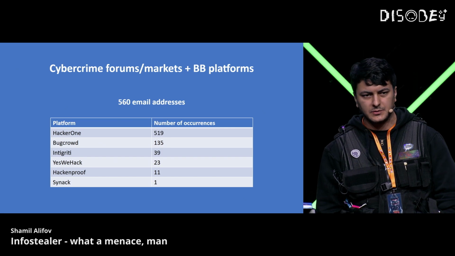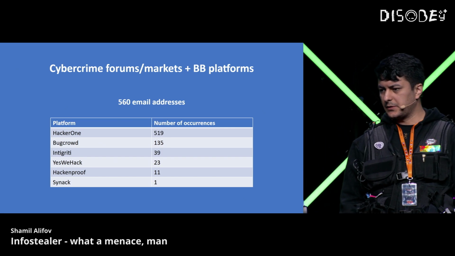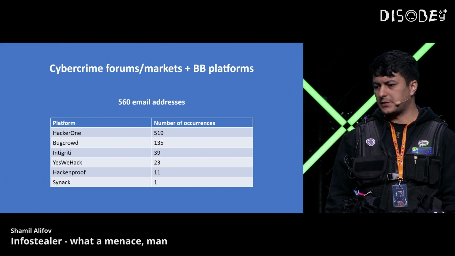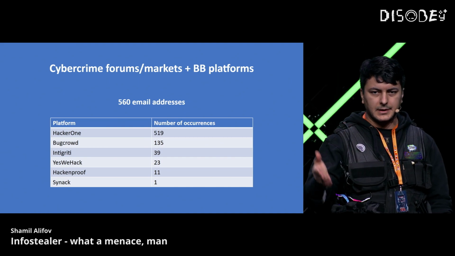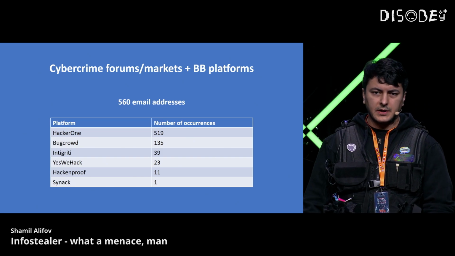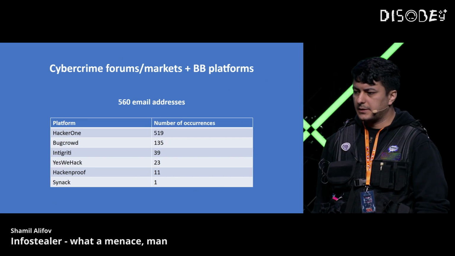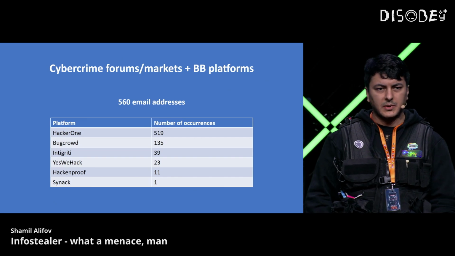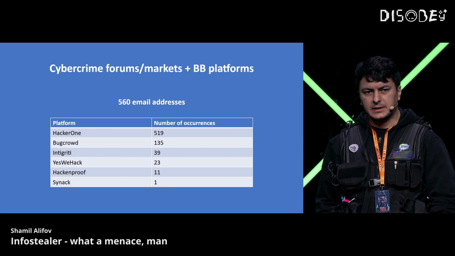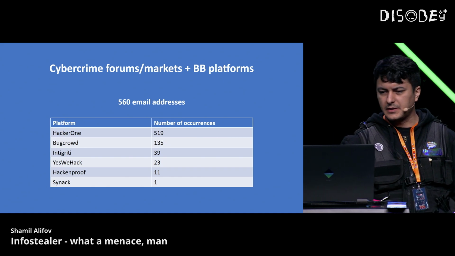HackerOne being most popular, and sadly we don't know if these 560 email address holders learned something good in the hacking forums and decided to go the legit way, or maybe they were very frustrated with duplicate submissions on the bug bounty platforms, as well as the horrible triage processes. They decided maybe crime pays more than the legit. We will never know. Nevertheless, it's interesting.